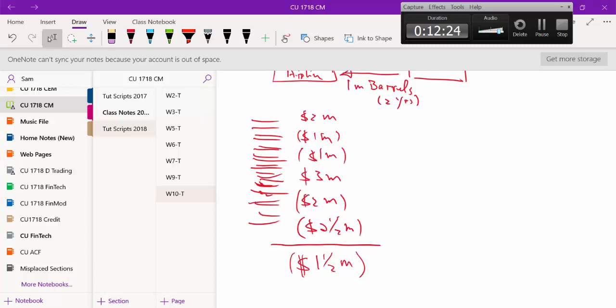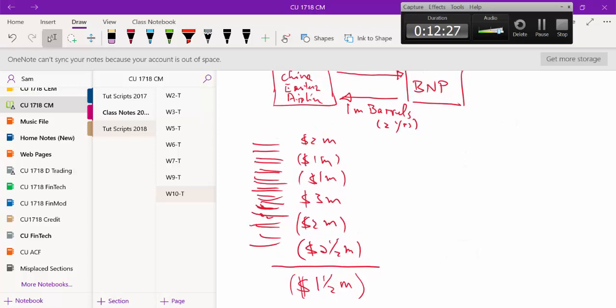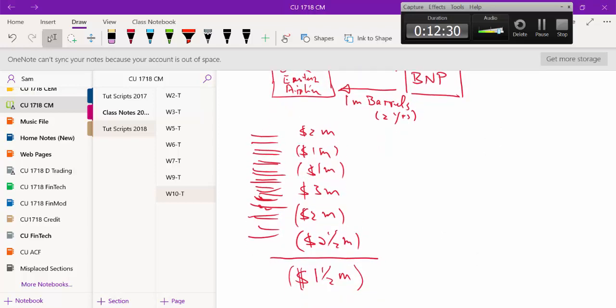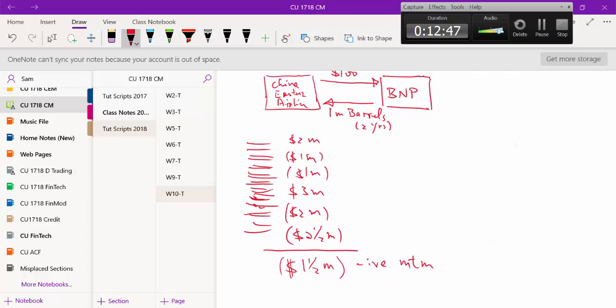I said, if one of these parties ever became bankrupt, what should happen? You were thinking that this is the negative mark-to-market for the client, China Eastern Airlines, so they should just pay this amount to BNP. Remember we had this discussion? Everyone is okay with that? You are all very sensible potential professionals. That is what should happen.